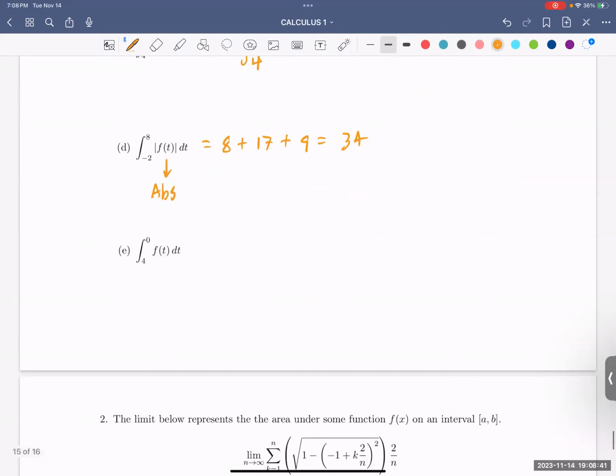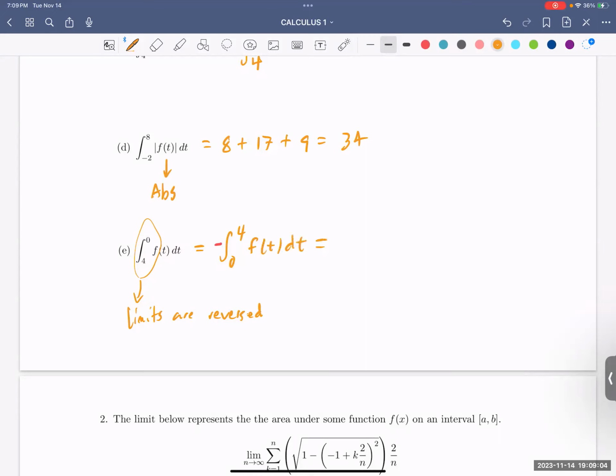4 to 0. So here, the limits are reversed, meaning the lower limit or the lesser limit is above and the higher limit's below. So if we switch it to 0 to 4, then what you have to do is switch the sign of it and make it negative, f of t dt.